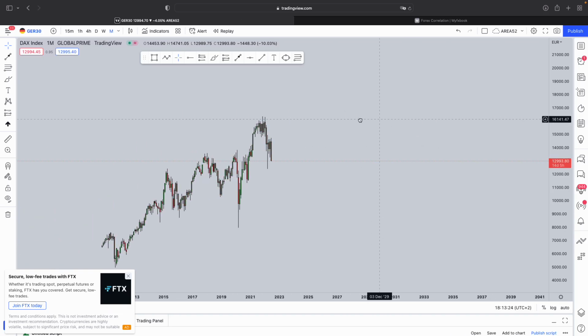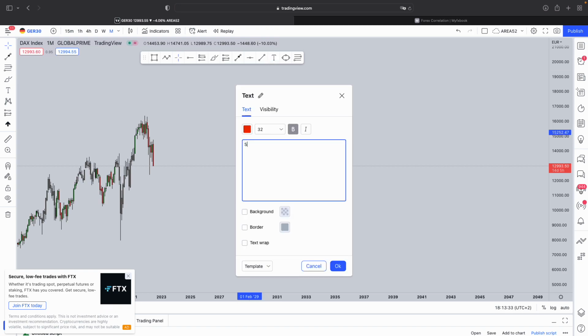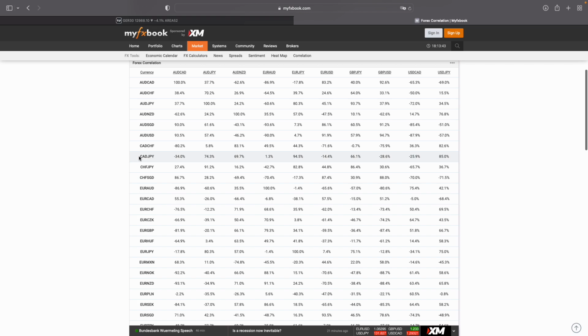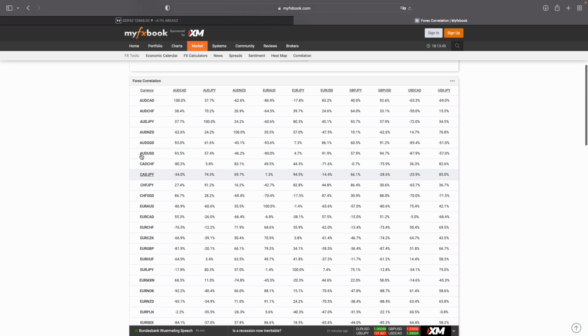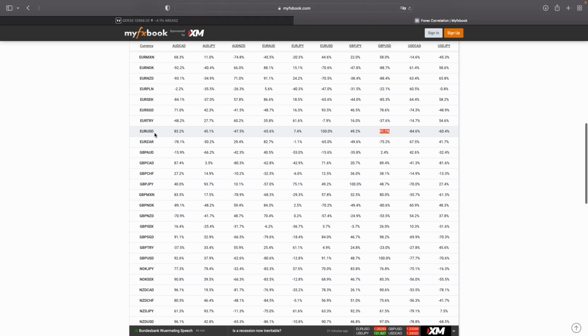Now it's for that reason that you do not want to buy and sell. So you can't go and say, sell NZD USD and then buy Euro USD, because it's not going to work. Based off the correlation table, if you look at Euro USD there, and where's NZD?